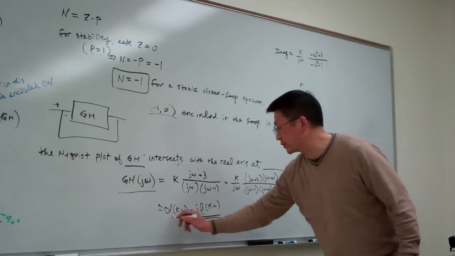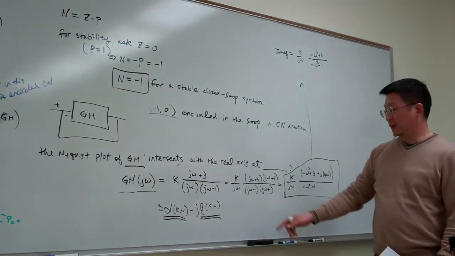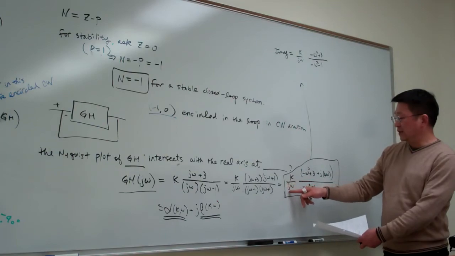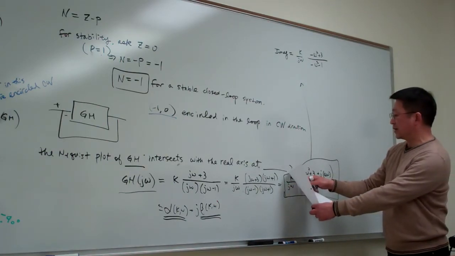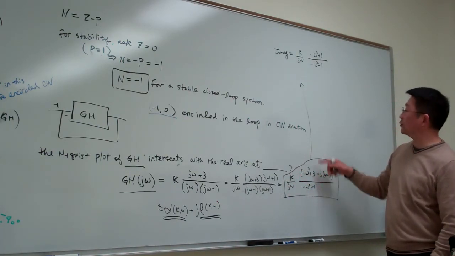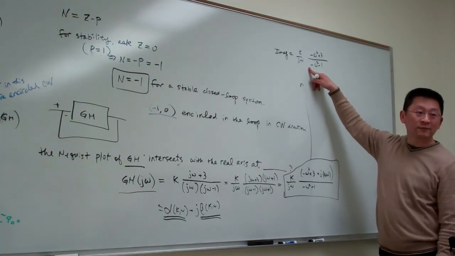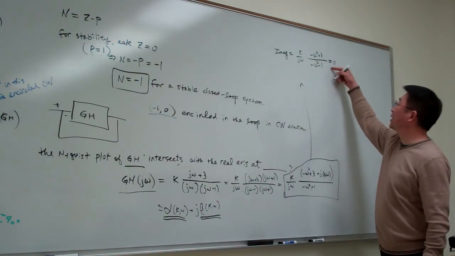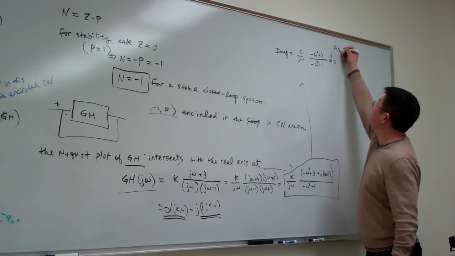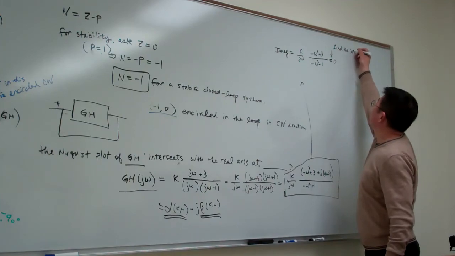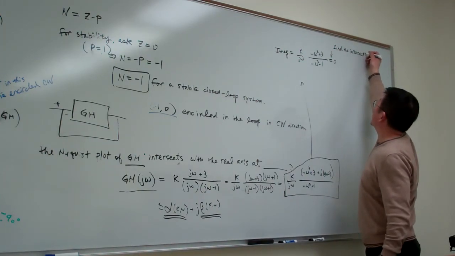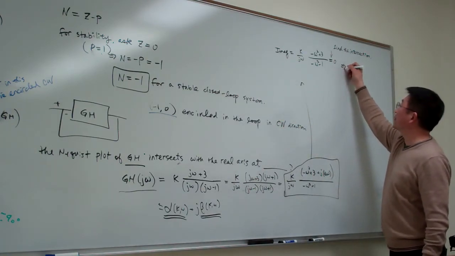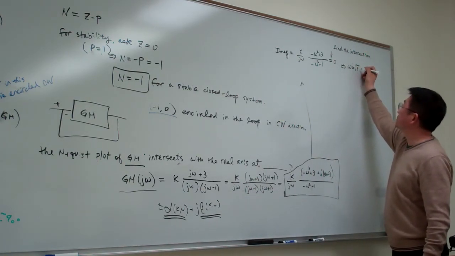That is the imaginary part, that is the real part here. To take the imaginary part, I simply take this portion. Be good. I set this equal to 0 because I want to find the intersections with the real axis, because on the real axis, the imaginary part equals 0. So from here, omega equals square root of 3.